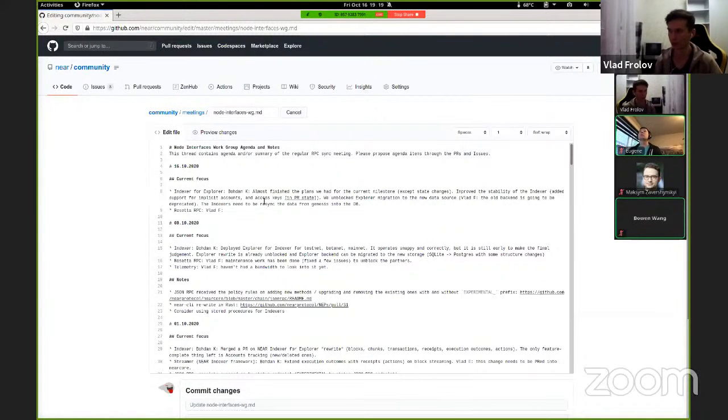Overall, the stability, as Bogdan mentioned, is pretty good and quite solid. It's been working since Sunday, and we anticipated some issues in the indexer itself, and none of them happened at all. So that's pretty nice and neat. Great work, Bogdan, by the way.